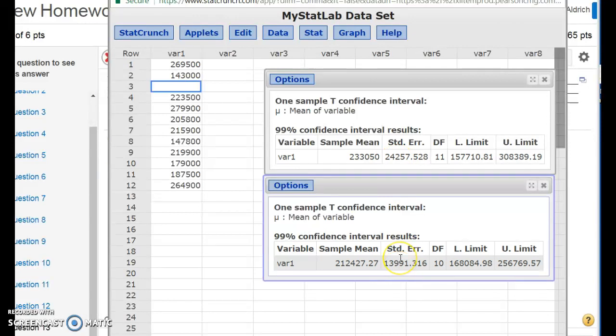Remember, standard deviation is how spread out the data is. So you get rid of that outlier that's way far away from the data, and the data is less spread out. So we're more confident. We can be 99% confident now with a much smaller range that the mean price for all the homes is somewhere between this range if we get rid of that one outlier.